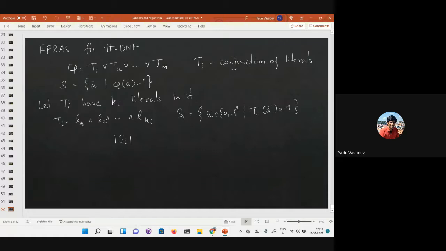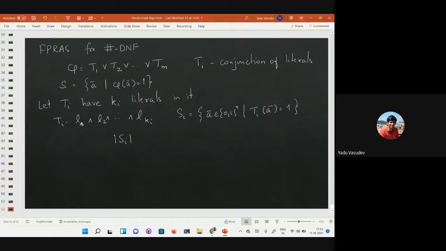An assignment means you have to set values to all the variables. So it must set a fixed set of values to the variables that appear in Ti. What about the remaining variables? Two to the, yeah, exactly. The remaining variables you can set to whichever value you want. It will still satisfy Ti.